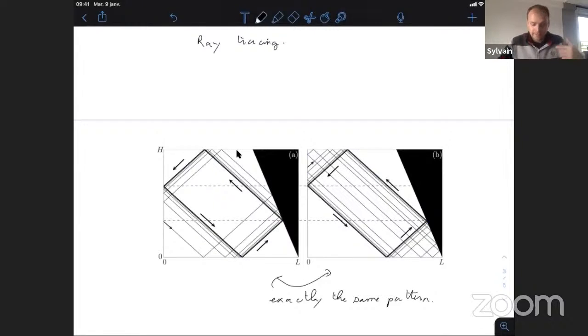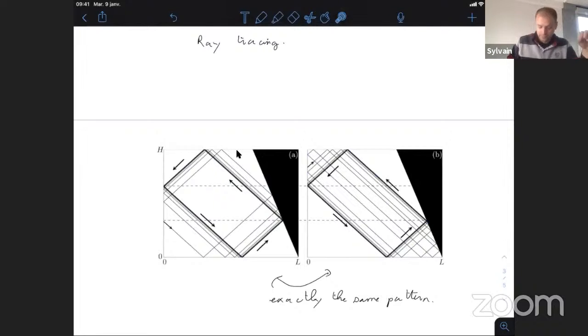And you can play this game for every point in the domain. Every point of the domain has an internal wave beam, and you do a ray tracing starting from this point. It will end on this pattern.